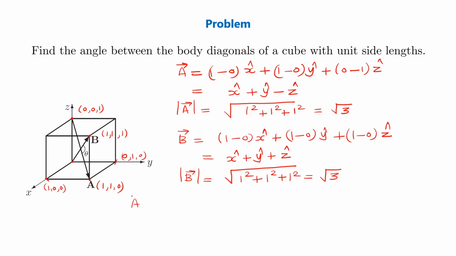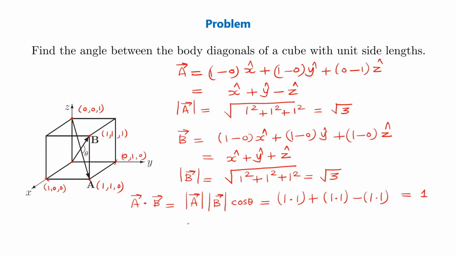And we know that vector A dot vector B is equal to AB cos theta, which is equal to 1 dot 1 plus 1 dot 1 minus 1 dot 1. So this is equal to 1.